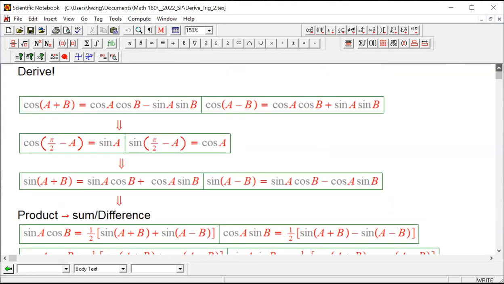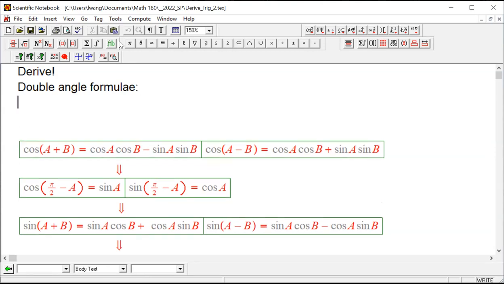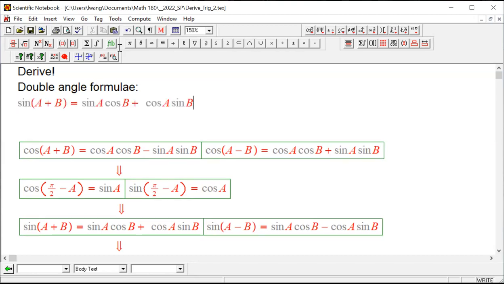For the sine double angle formula, we will take this piece. This is for double angle formulae, we have multiples, and we'll take that piece.